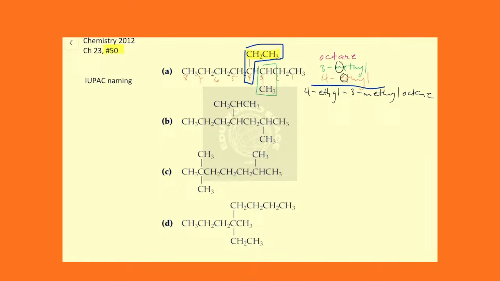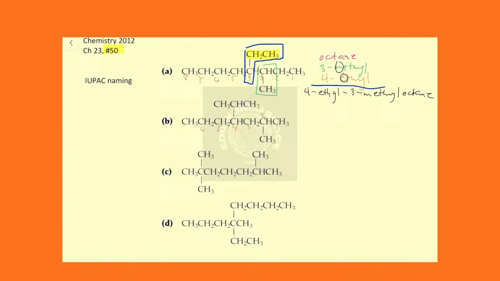Okay, so it's closer if we can from the right side. So let's go ahead and count. Got 1, 2, 3, 4, 5, 6, 7. Okay, we have 7, meaning we have a heptane.